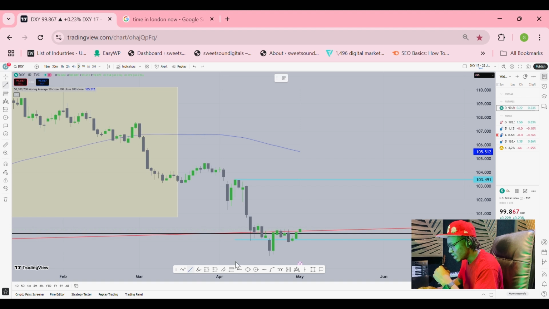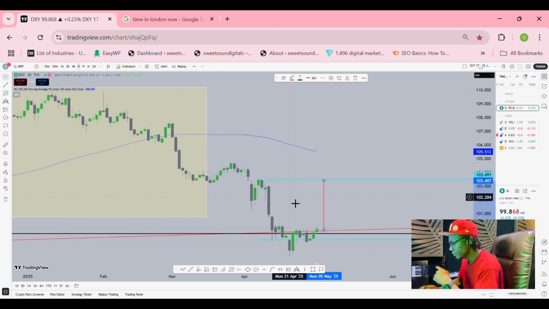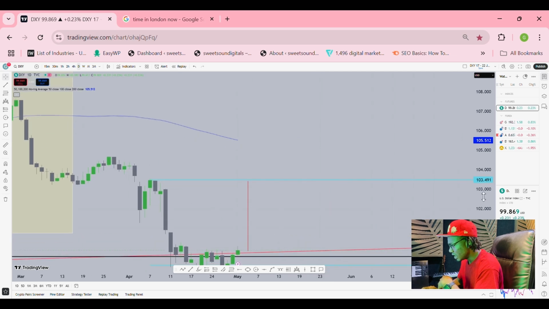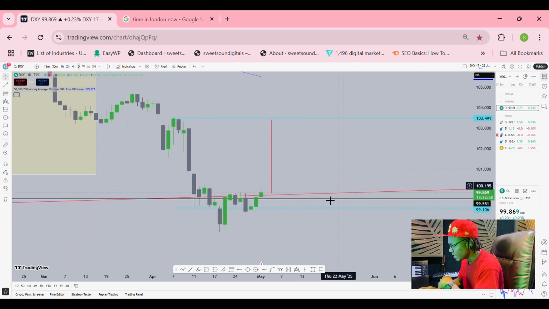We're expecting the dollar to buy up to at least 100, which is the same correctional move for the Euro USD. The dollar also has given us a reversal head and shoulder. The dollar index liquidity has been swept.